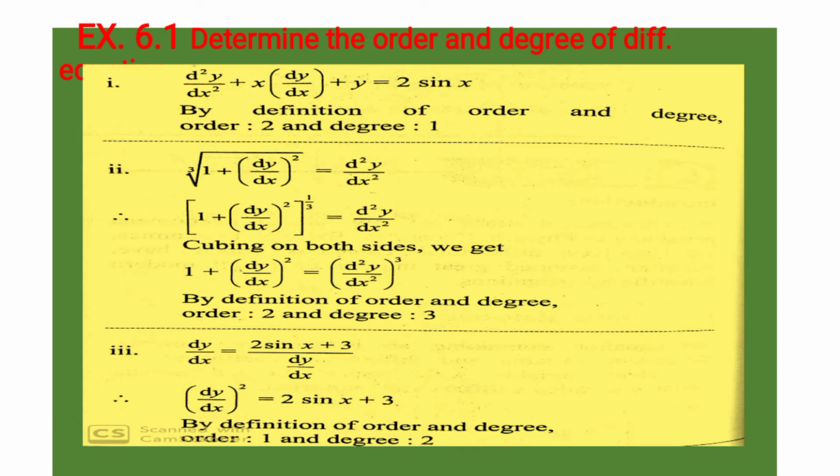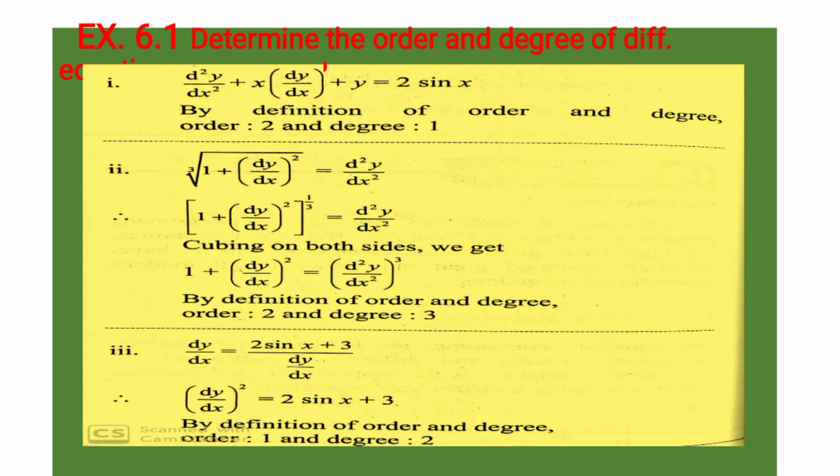Now in this d2y upon dx square, the highest power of d is 2, and here the power of d is 1, right? So the highest power of d is 2, so order is 2.